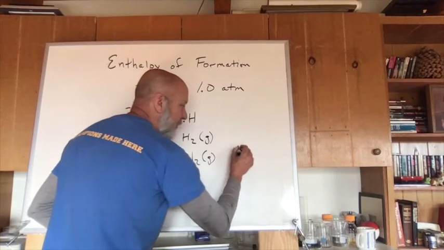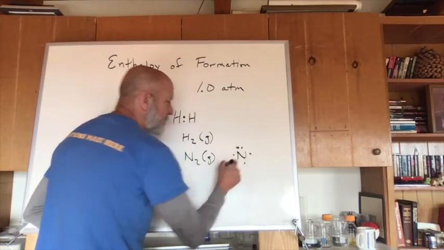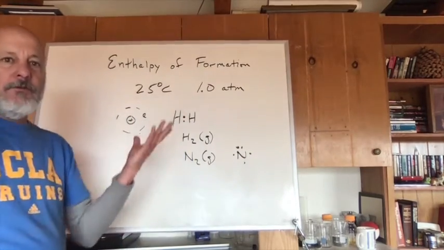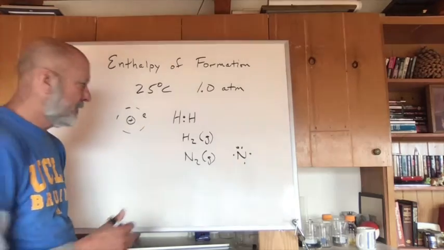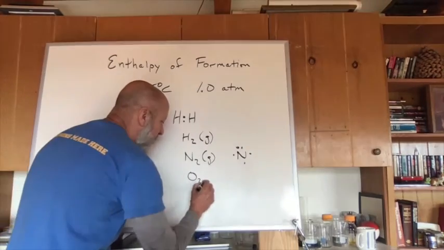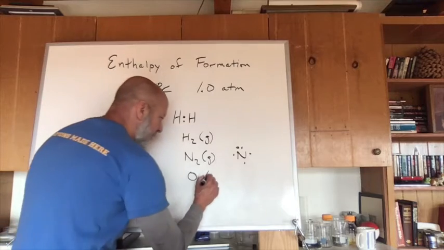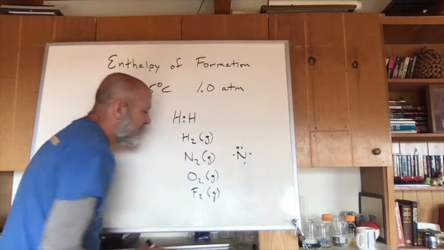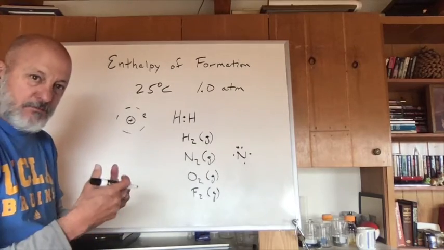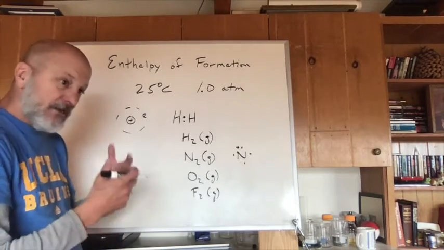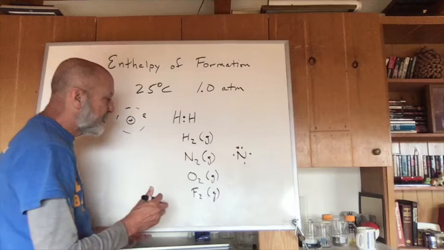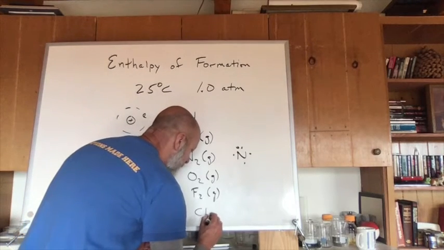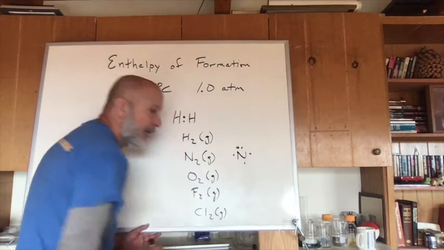Nitrogen by itself is not stable. Nitrogen gas is everywhere, the main component of our atmosphere. O2 as well, a diatomic gas. F2 is fluorine. So these are the ones that exist paired up, because they have to have that full shell to be stable. And then chlorine gas, also diatomic.